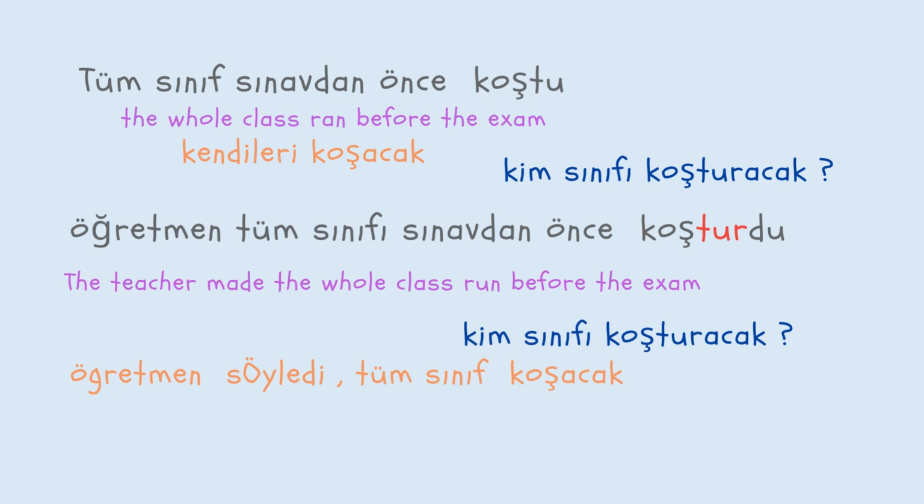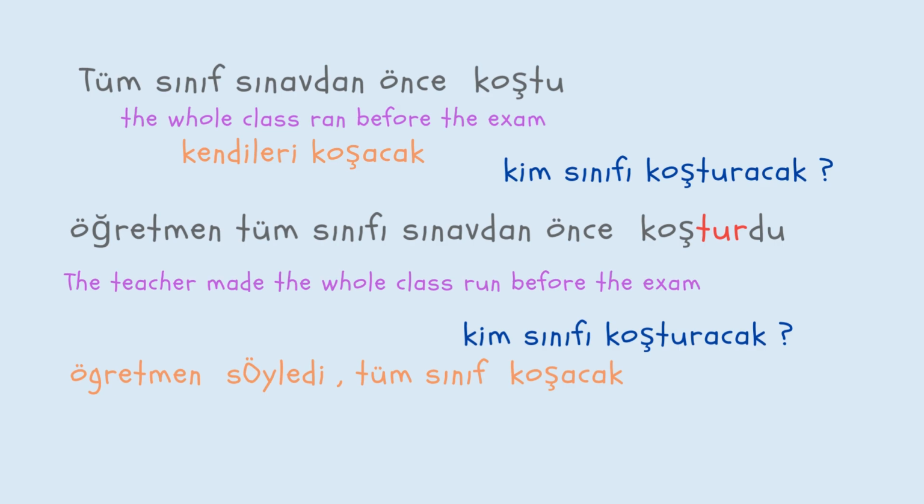Tüm sınıf sınavdan önce koştu. The whole class ran before the exam. They ran by themselves. But when I say öğretmen tüm sınıfı sınavdan önce koşturdu, it means the teacher told the students to do the action, which is to run.